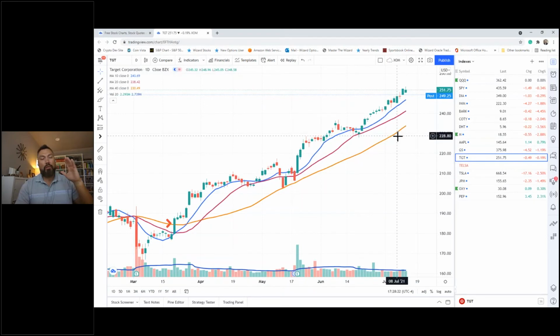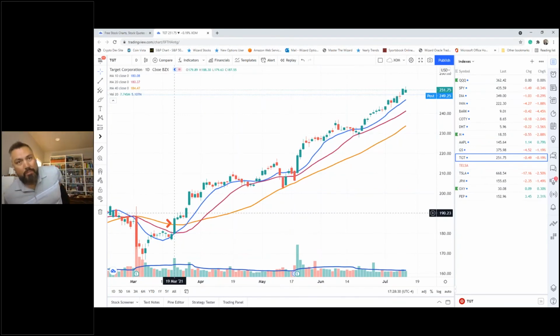You can see how that momentum started at this break. That's where we want to be. So the question should be, how do we get to that point? Because if I'm just trading Target, how many trades have I had this year? 2.